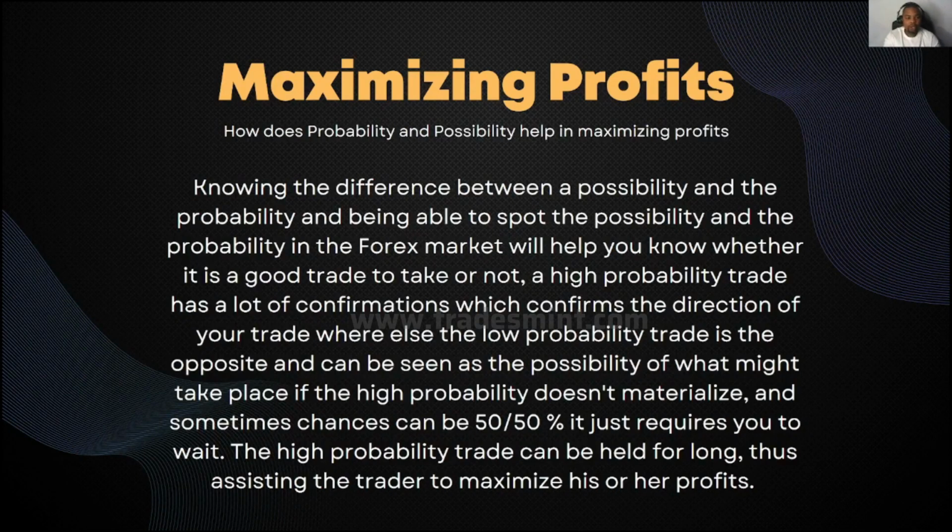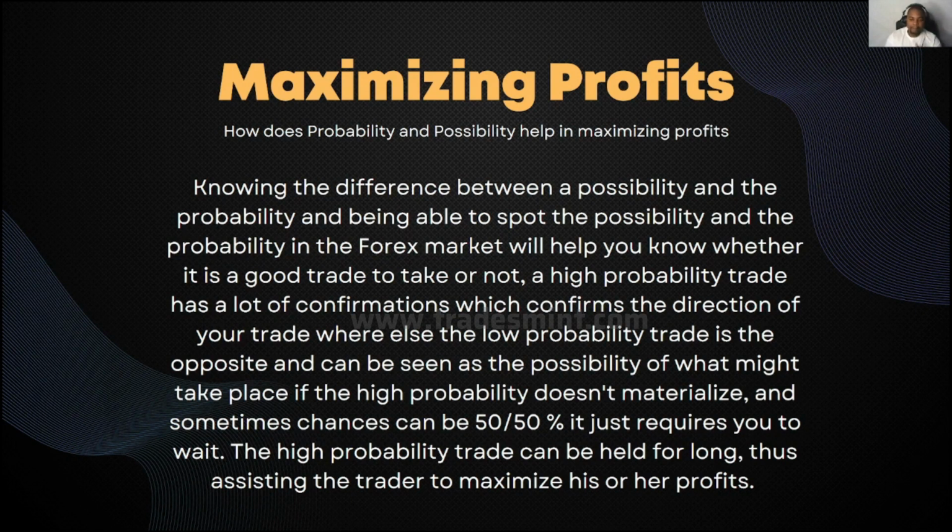Moving right along. So then the person will ask, Jaga, how does this whole thing help me towards maximizing profit? Knowing the difference between the possibility and the probability, and being able to spot them in the Forex market, will help you know whether it is a good trade to take or not.